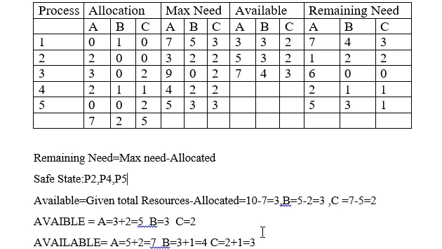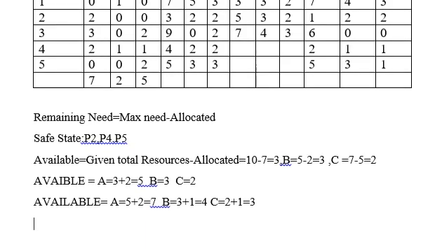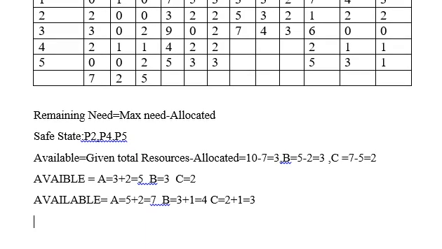So if I write here P5, next available here would be, for A, previously we had 7, so for A it was 7 plus how much did P5 hold already of resource A? That's 0, so you don't have to change it.